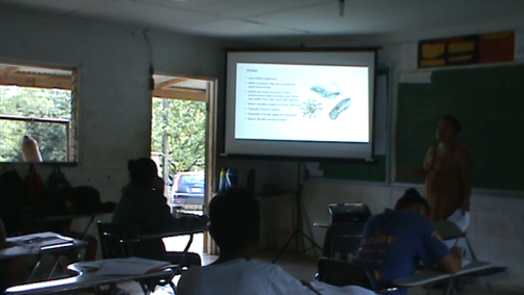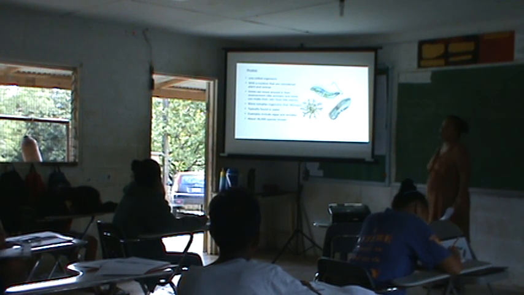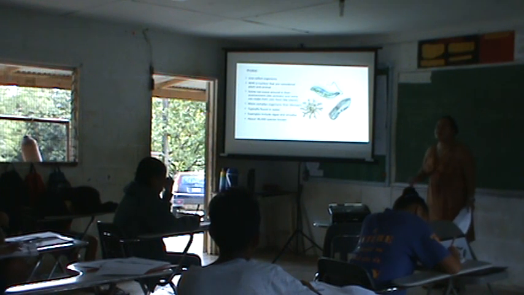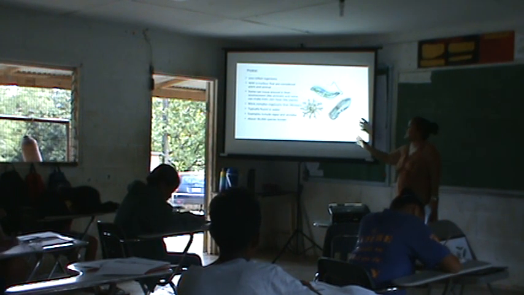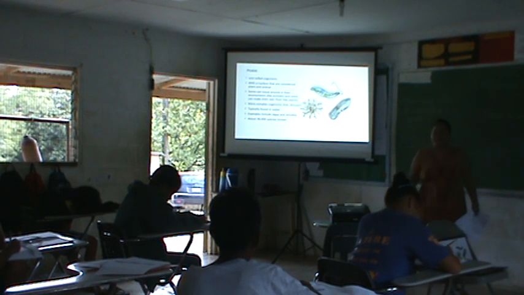And there are about 38,000 species known. Known means maybe there are more, but these are the ones they know. Only 38,000. Got that?